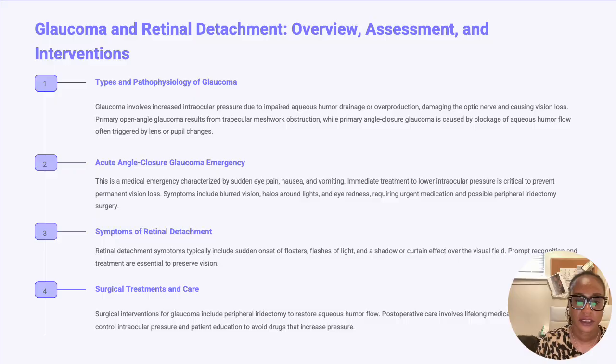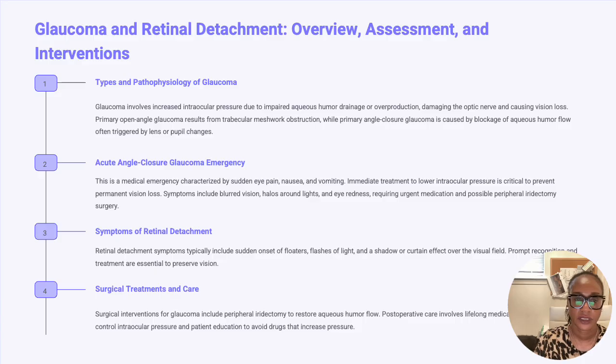Symptoms of retinal detachment. Retinal detachment symptoms typically include sudden onset of floaters, flashes of light, and a shadow or curtain effect over the visual field. Prompt recognition and treatment are essential to preserve vision. So, surgical treatment and care.